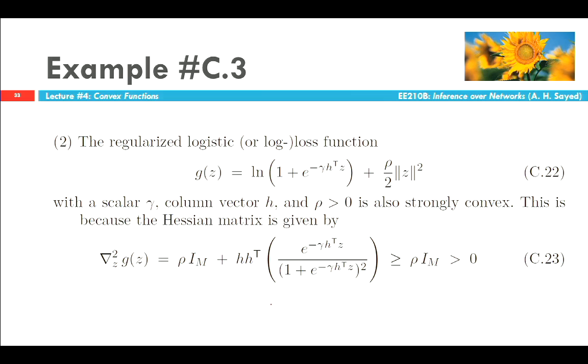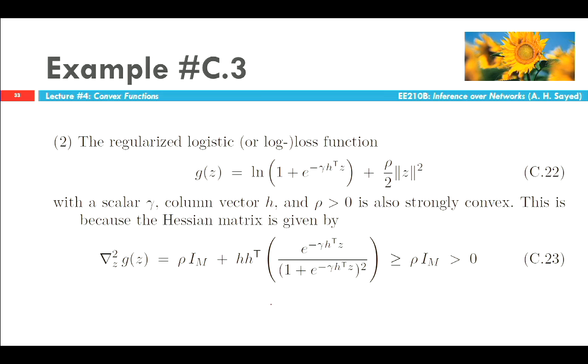The z is a column, so you will get h transpose times the exponential over that. Then you have to compute the gradient relative to z transpose again because you want the Hessian. So these are 2 successive gradient steps. If you do that calculation, this is what you get.